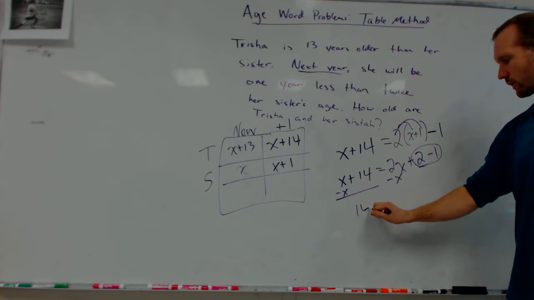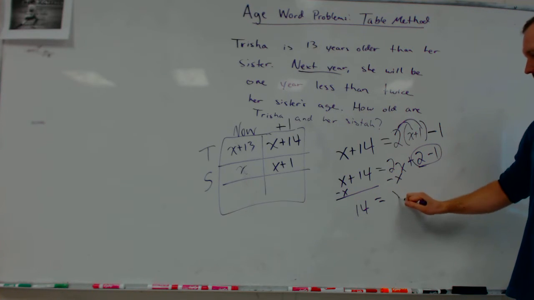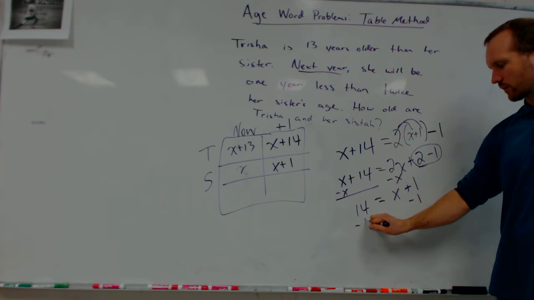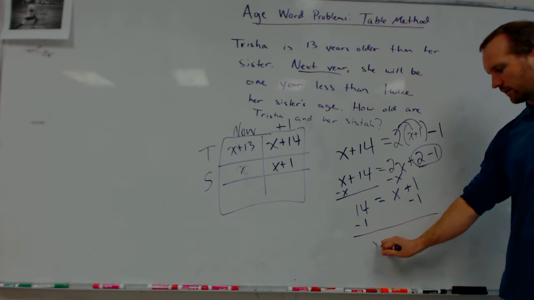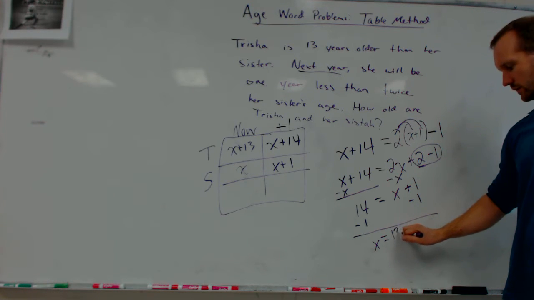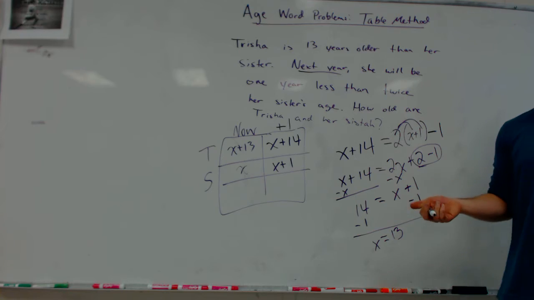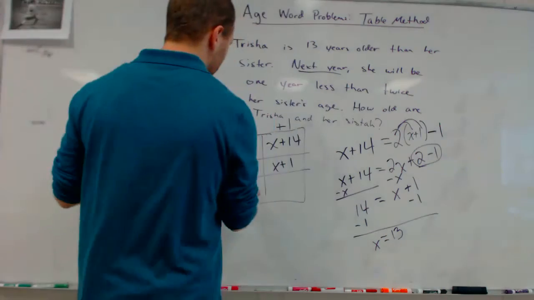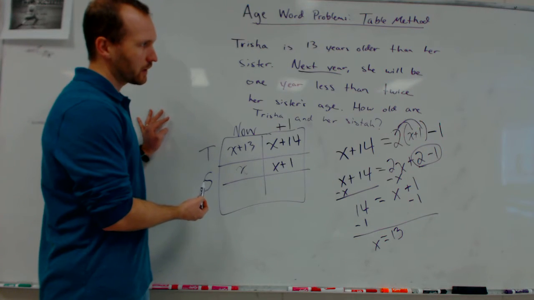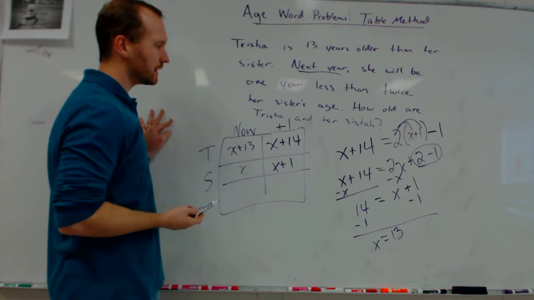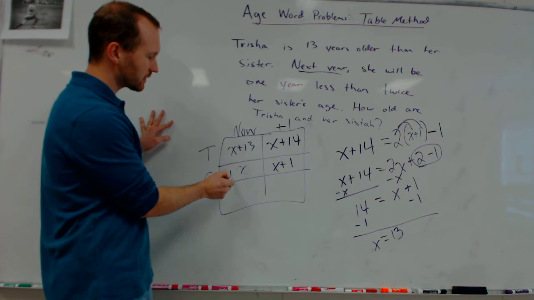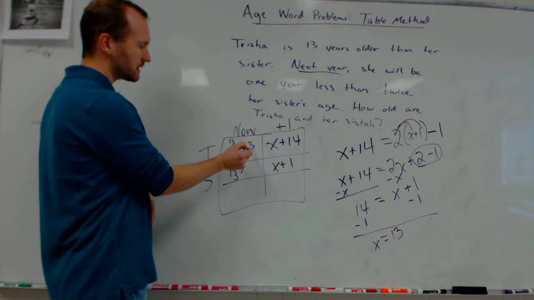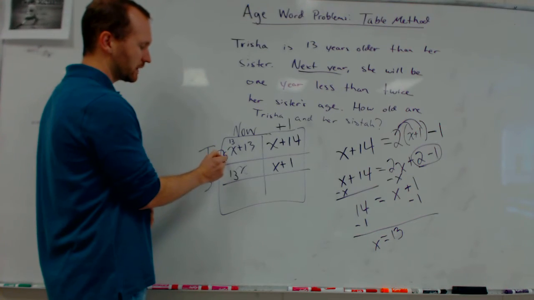So I would have 14 equals X plus 1, subtract 1 from both sides, and flip it around so I have X equals 13. But what is X? Go back to our table. Oh, X is her sister's age right now. How old are Trisha and her sister? Well, her sister is 13, so Trisha must be 13 plus 13, 26 years old.